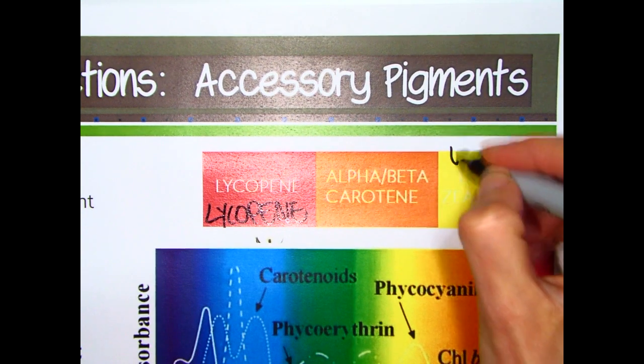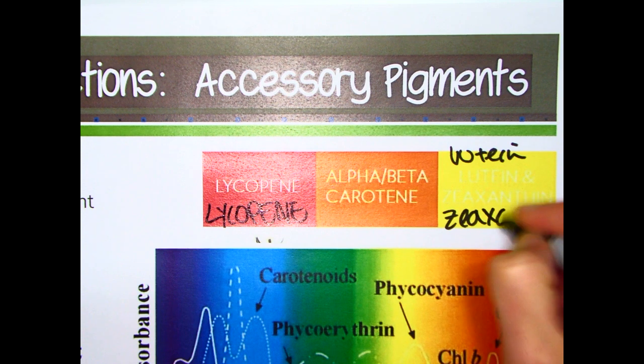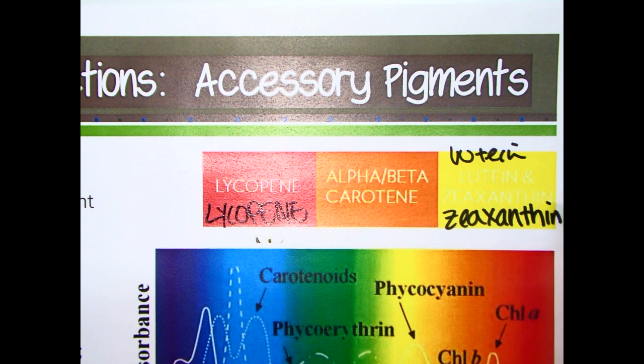And then this is lutein and zeaxanthin. So depending on your plant knowledge, you might know that ZEA is corn. So lutein and zeaxanthin are found in large quantities in corn.